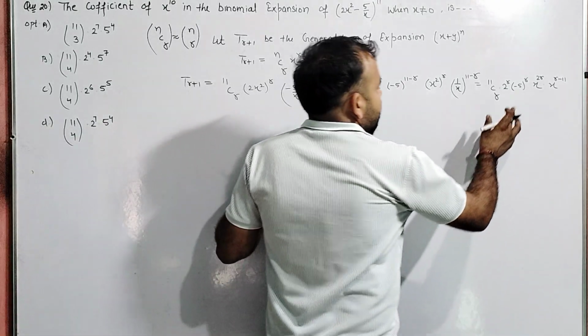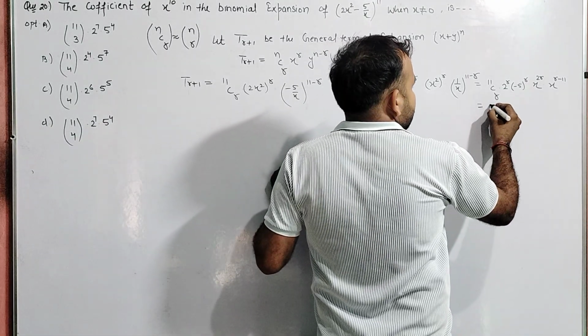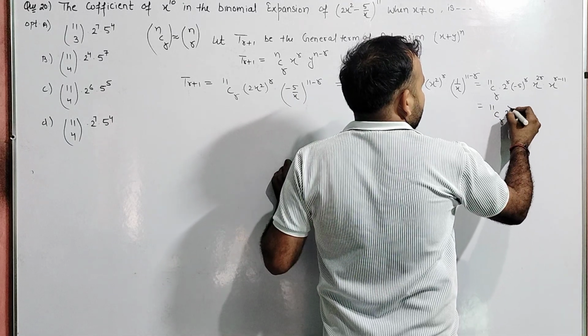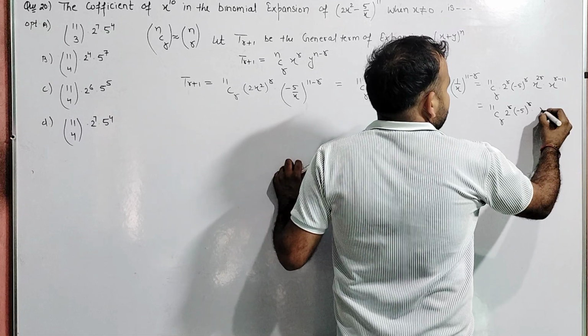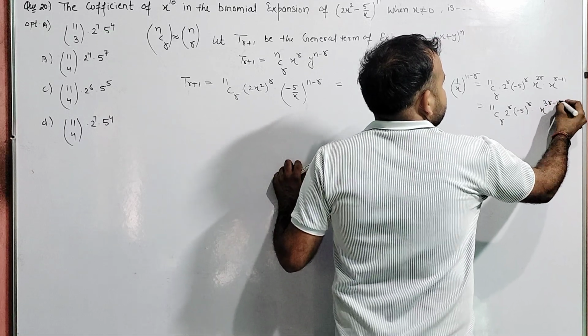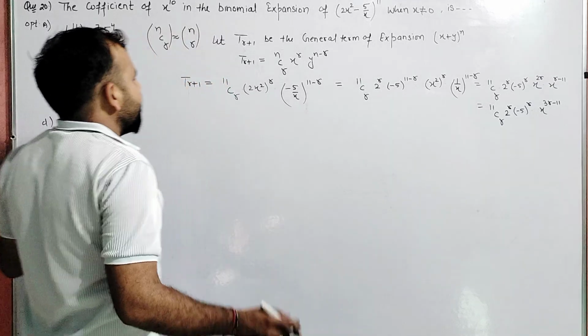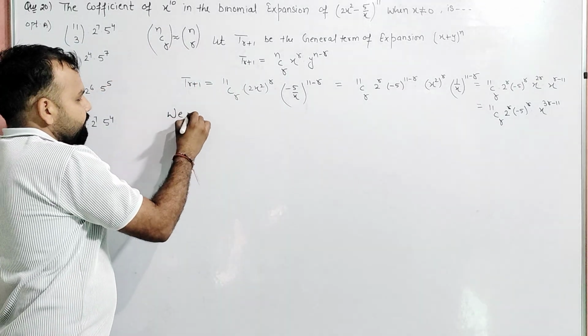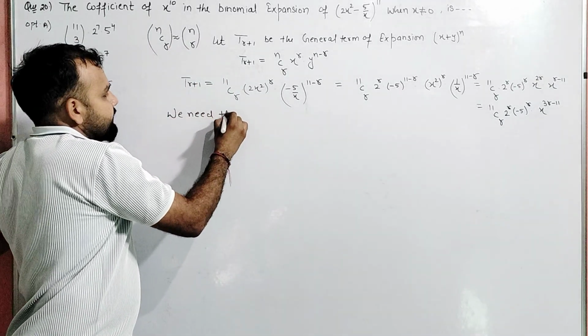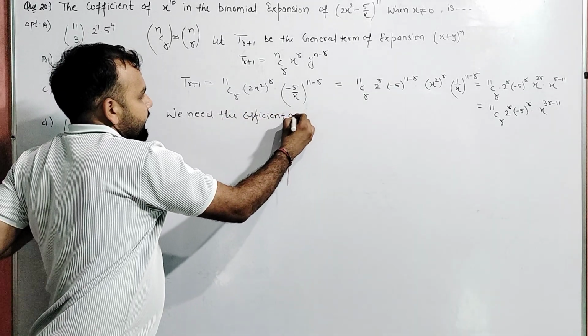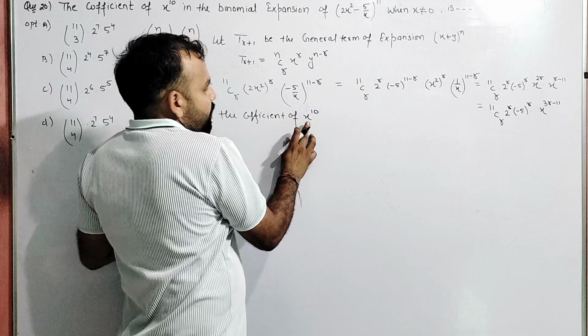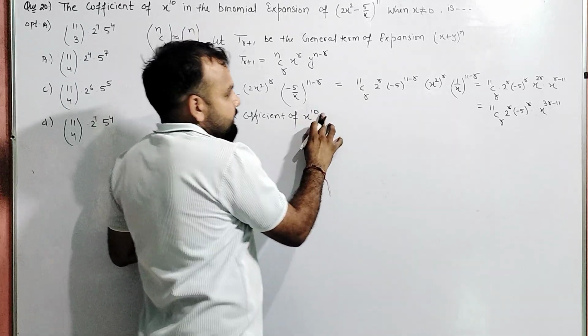So this is written as 11Cr 2 to the power r minus 5 to the power r into x to the power 3r minus 11, base and power. So student, we need the coefficient of x to the power 10. So the exponent power of x is 10 over here.